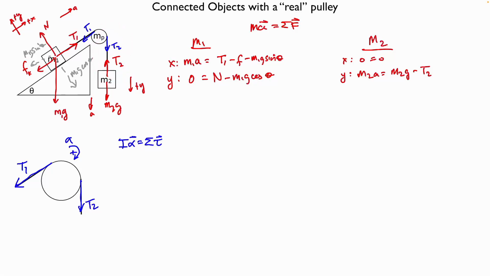Whoa! Okay. Torques. Torques need perpendicular distances, don't they? Well, lucky for us, if it's a circular pulley, then you're guaranteed to have a perpendicular distance to the force. Whatever angle that string comes off of the pulley, it's always going to be perpendicular because the string comes off tangential.